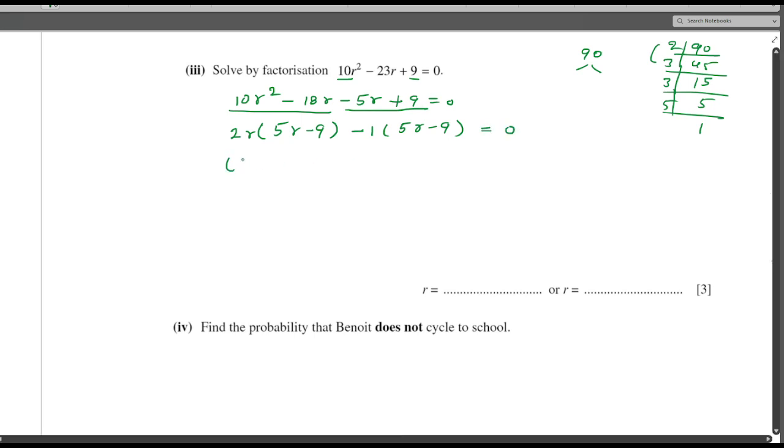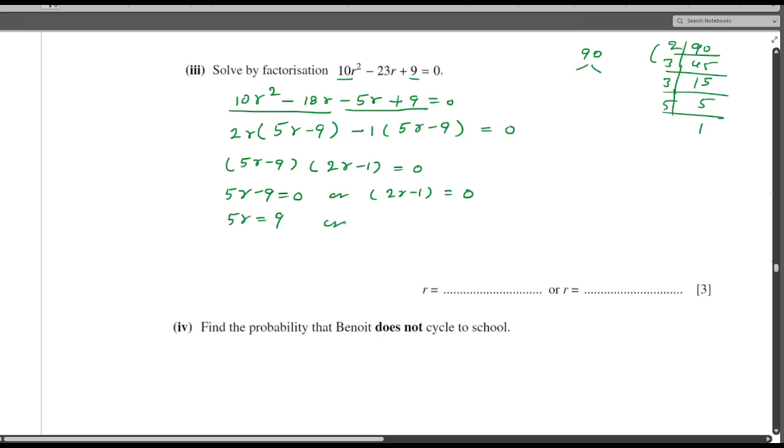So in one bracket I have 5r minus 9, in the other bracket I have 2r minus 1, equal to 0. So this gives me 5r minus 9 equals 0, or 2r minus 1 equals 0. So that gives you 5r equals 9, or 2r equals 1. So r equals 9 divided by 5, or r equals 1 divided by 2.